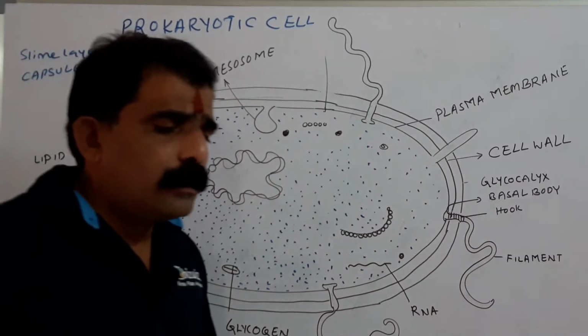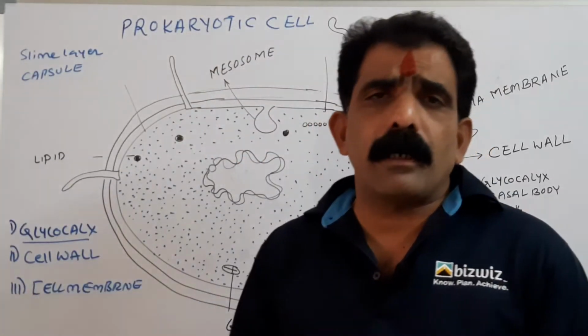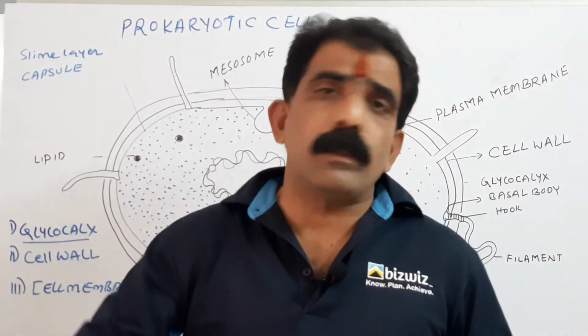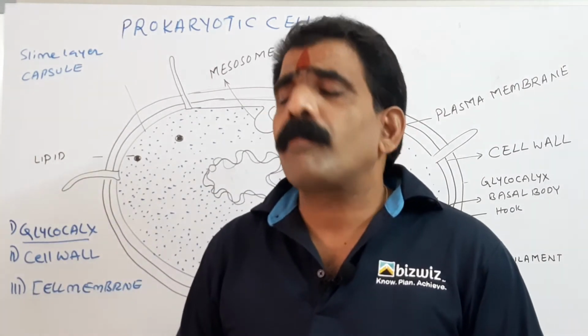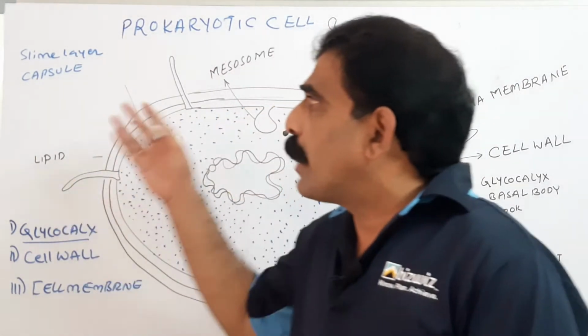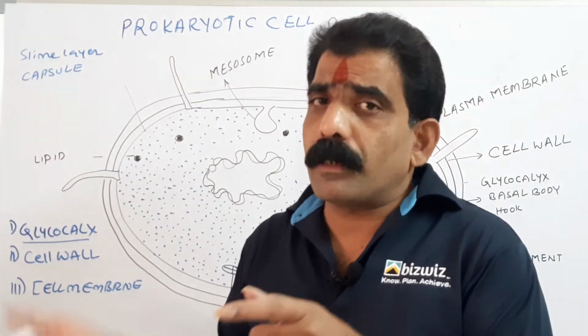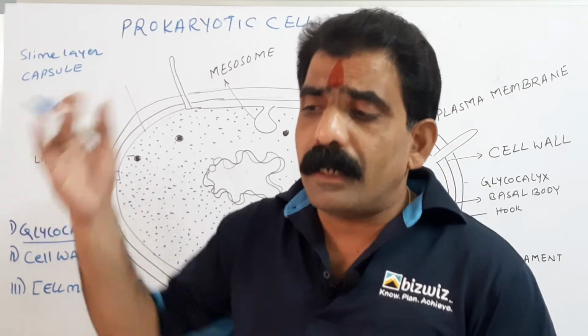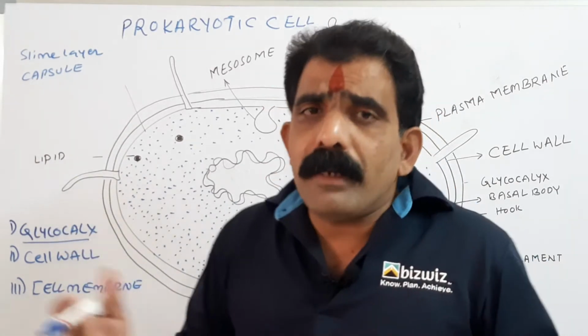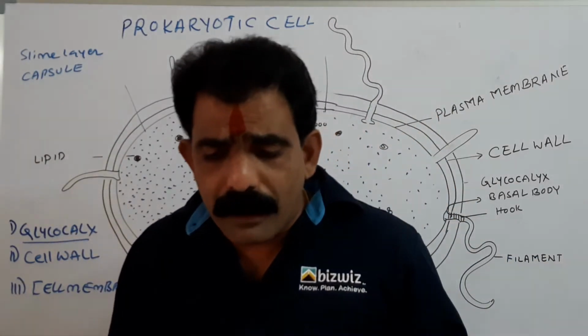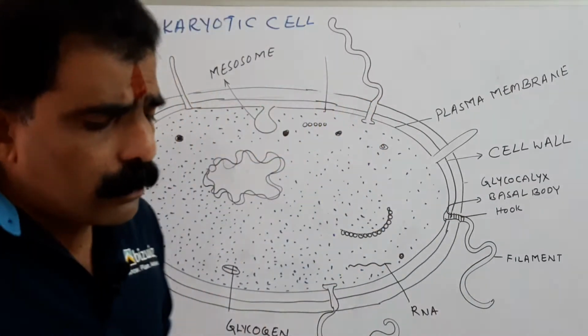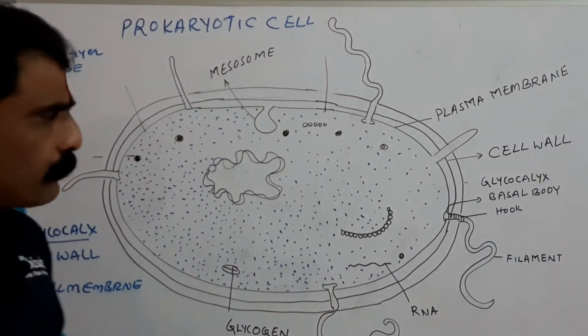Glycocalyx is of 2 types. Some bacteria have a slime layer, some bacteria have a capsule in the place of glycocalyx. When do we call it a capsule and when a slime layer, that is the question.